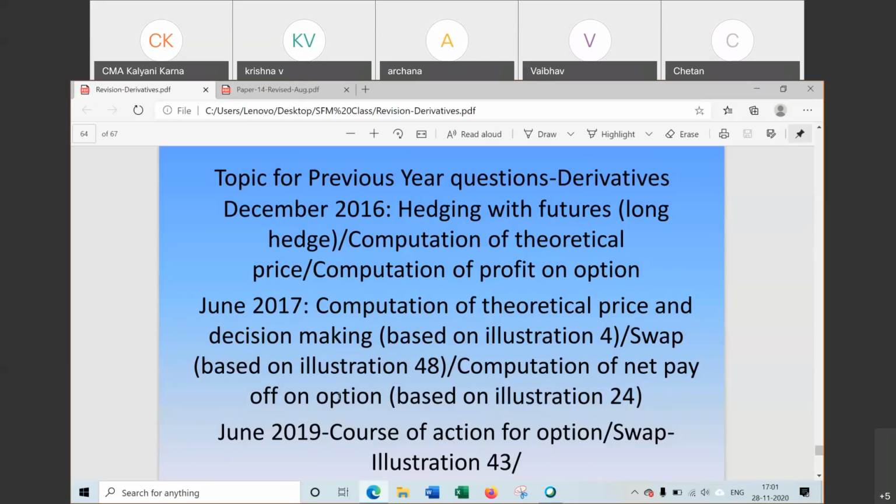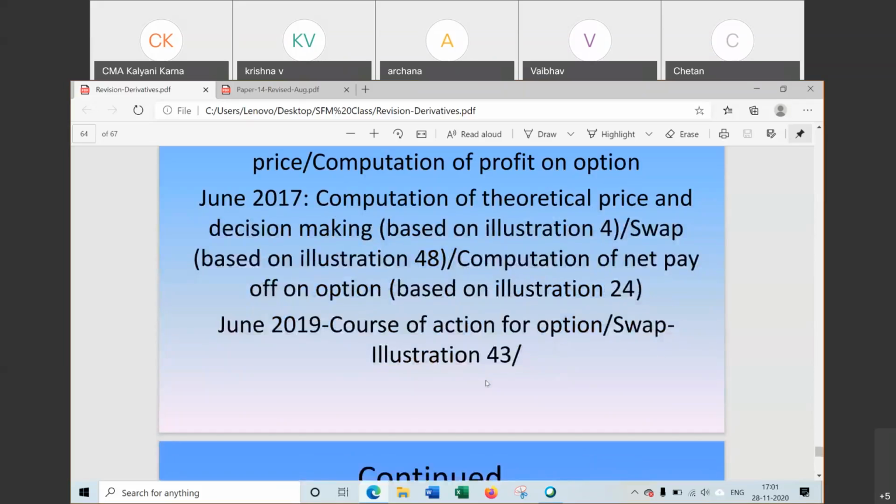So computation of payoff under option in both cases. In December 2016 also and June 2017 also. Theoretical price and profit on option. Now June 2019, that is again course of action taken for option.